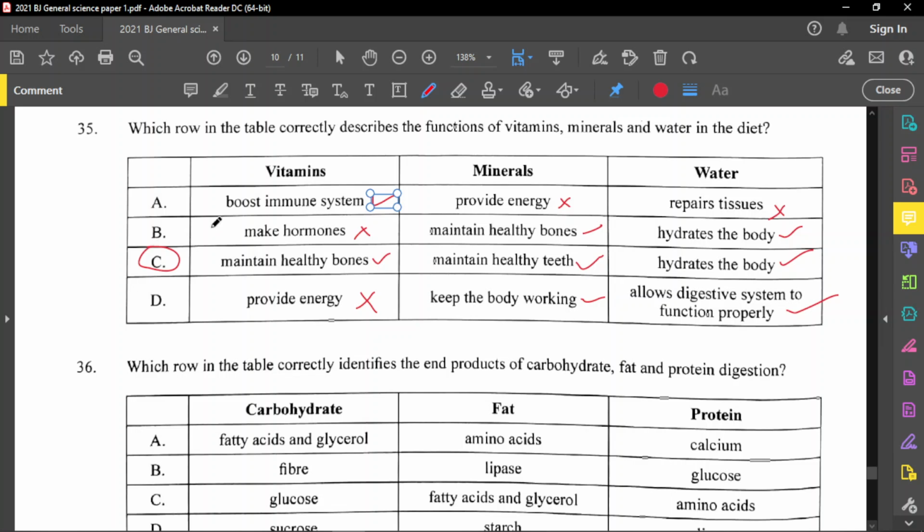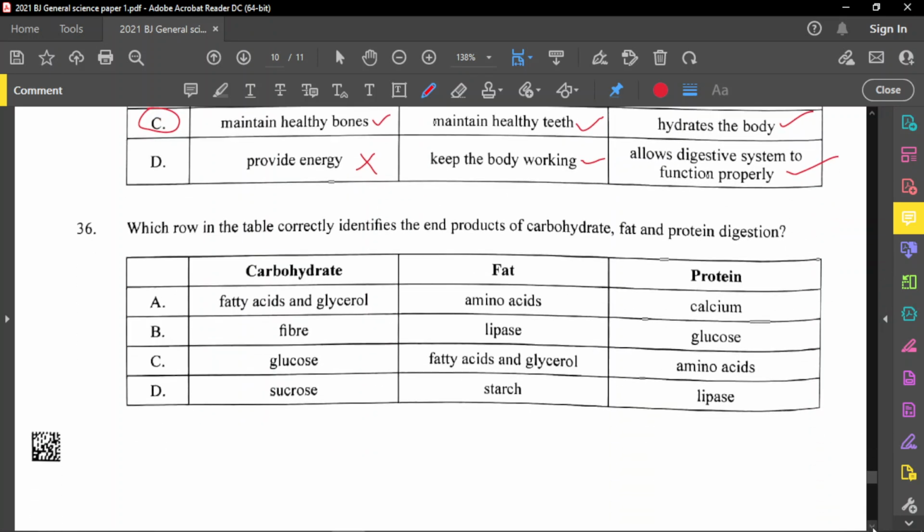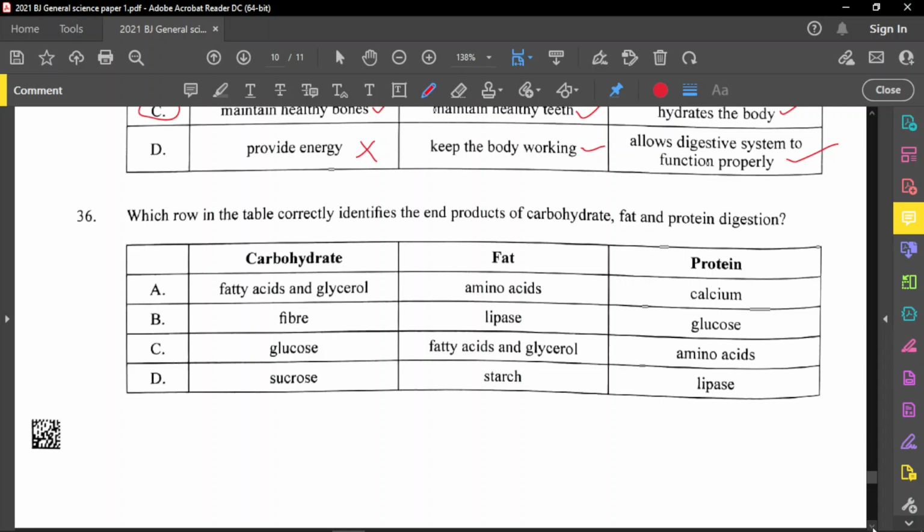Now, question number 36, another chart again. Question number 36 says which row in the table correctly identifies the end products of carbohydrates, fats, and protein. All right, so when you digest carbohydrates, fats, and protein, you break them down to the smallest thing. Carbohydrates will provide us with our sugar, particularly glucose. So let's go down the line again for carbohydrates.